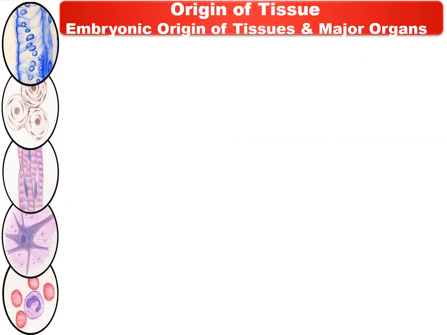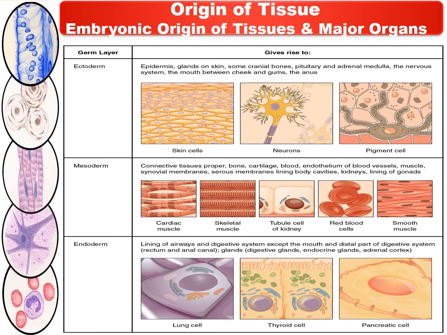As we studied, the fertilized egg divides to produce three primary germ layers: ectoderm, mesoderm and endoderm. These three layers differentiate to form the different tissues. With this simple diagram, we can get detailed information regarding the embryonic origin of tissues and major organs.